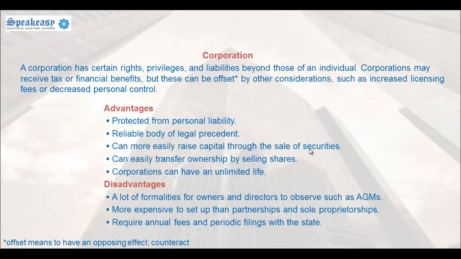A corporation has certain rights, privileges, and liabilities beyond those of an individual. Corporations may receive tax or financial benefits, but these can be offset by other considerations, such as increased licensing fees or decreased personal control.